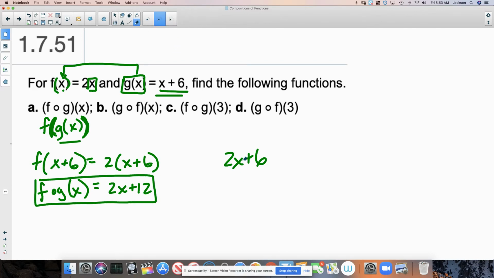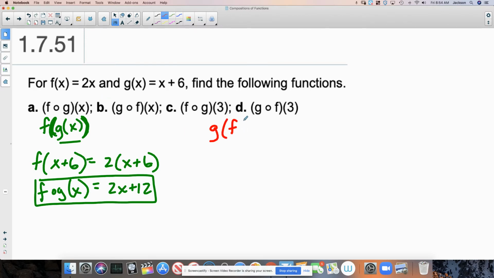All right, let's look at g of f of x. What if we switch it around? If you look at what this is saying, g of f of x, now we're taking f of x, which is this, and we're plugging it in here.